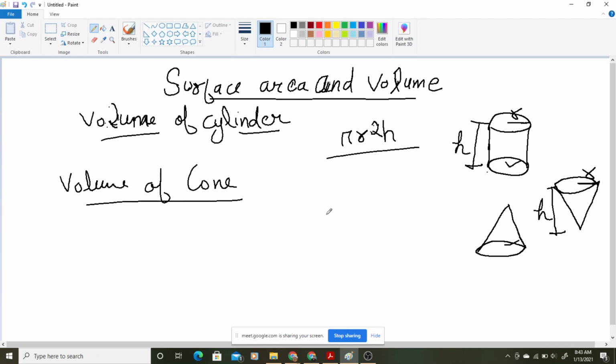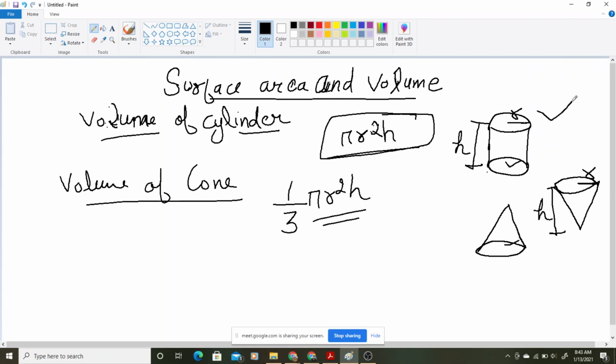Yes, we can form it: volume of cone is 1/3 pi r square h. Pi r square h is the volume of what? It is the volume of cylinder.